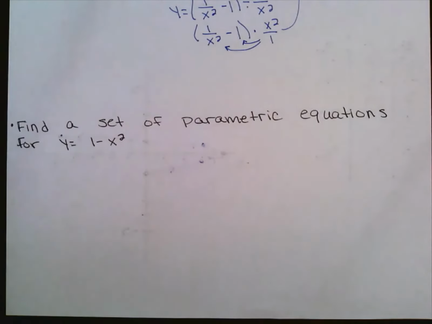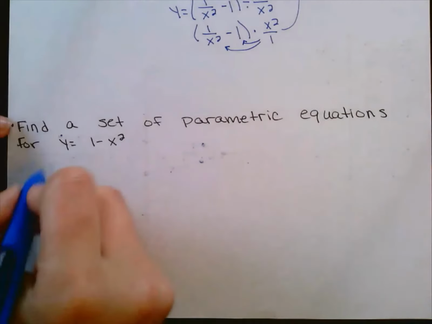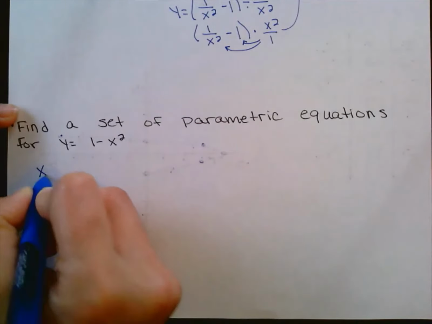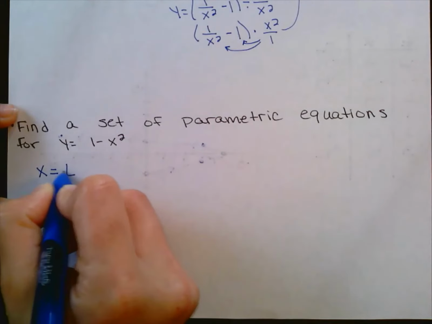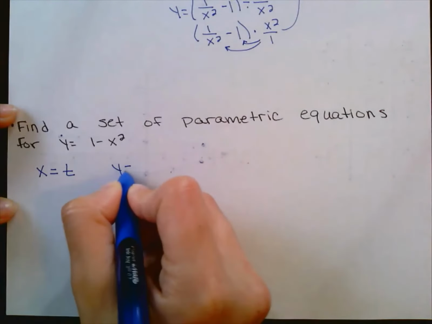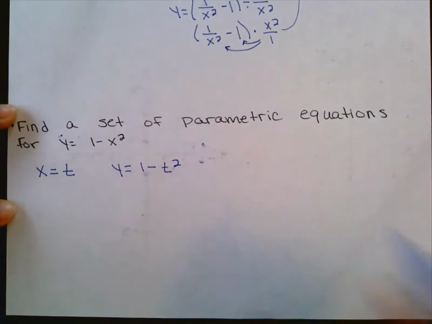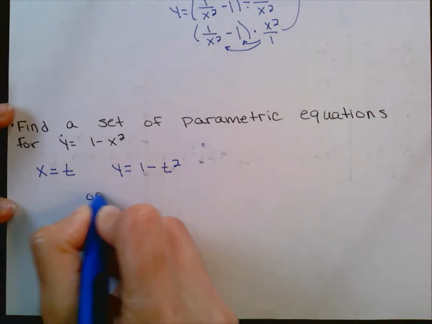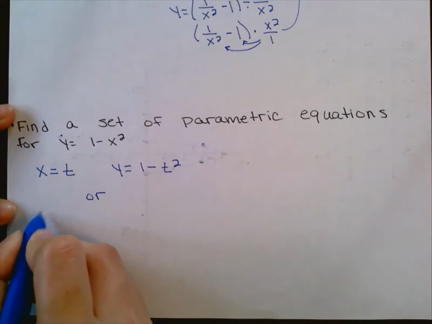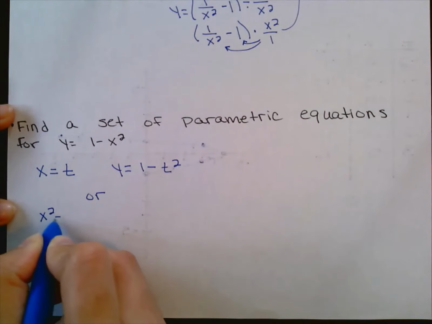If you ever needed to convert to parametrics, I can say, okay, if I'm going to call x t, then I could say y equals 1 minus t squared. There you go. You have a set of parametrics. Another example you could do is say, what if I replace the x squared with t?